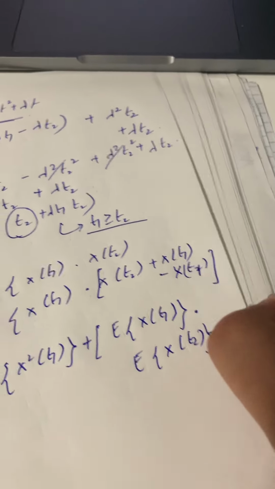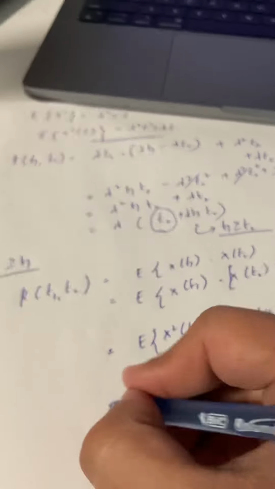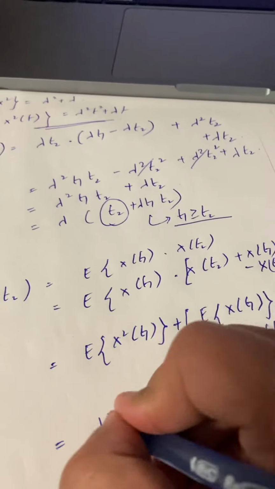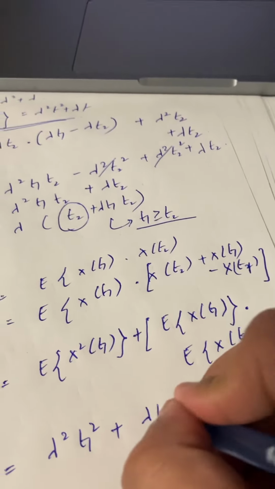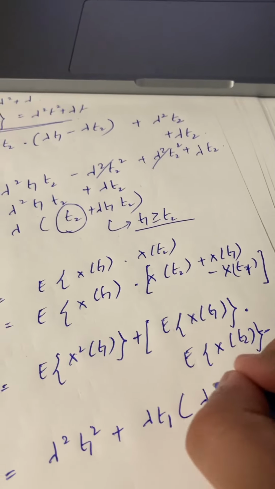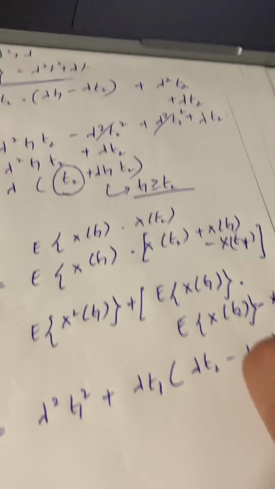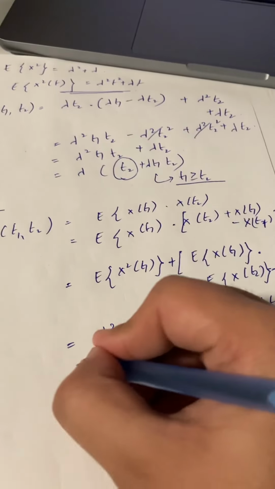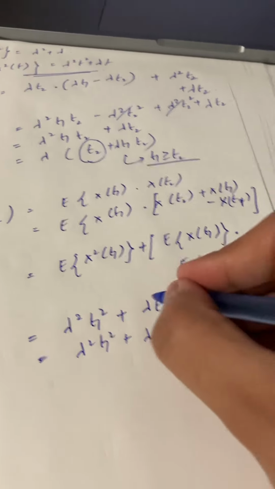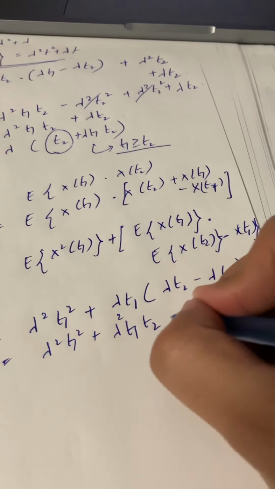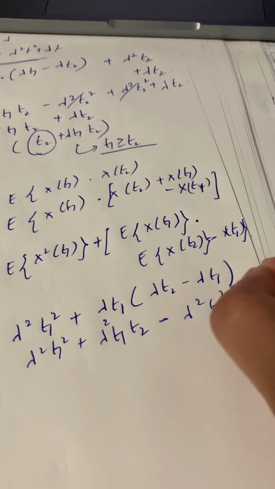So this is equal to lambda square t1 square plus lambda t1 into lambda t2 minus lambda t1. So simplify this again: lambda square t1 square plus lambda square t1 t2 minus lambda square t1 square.